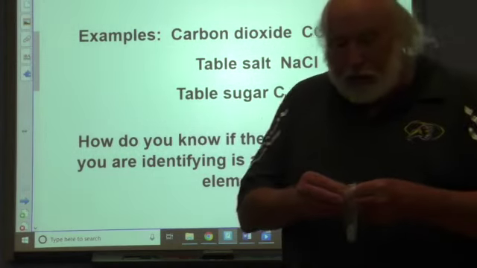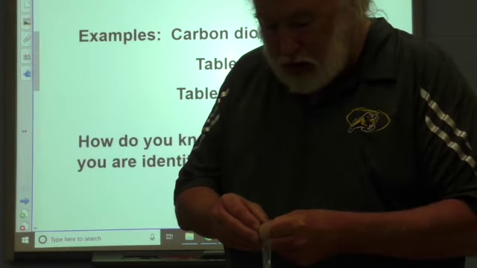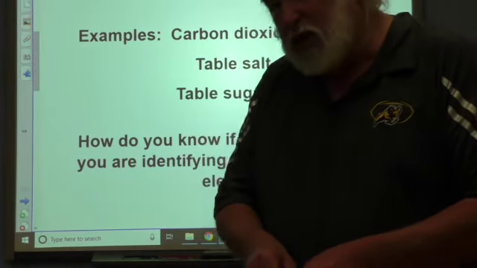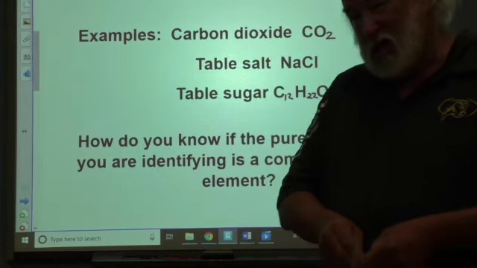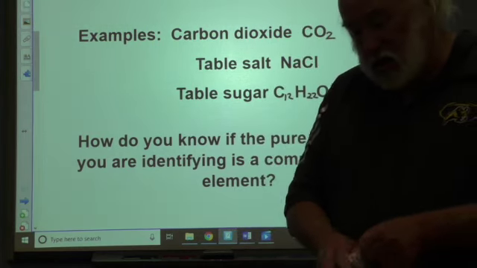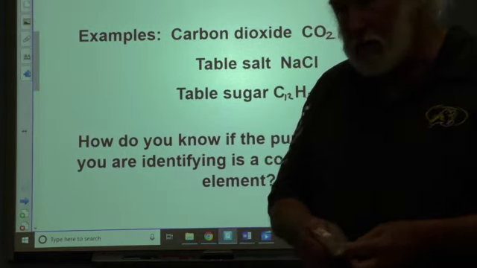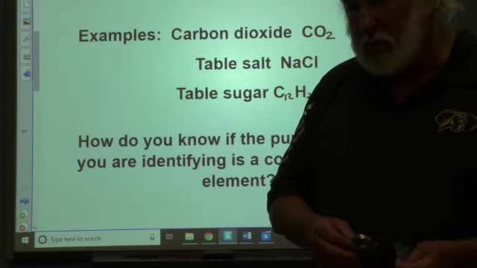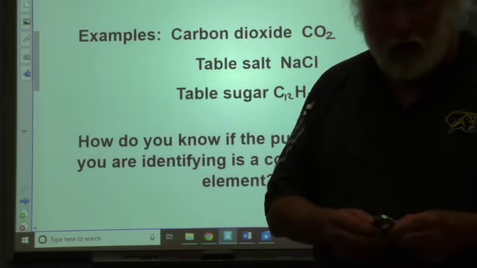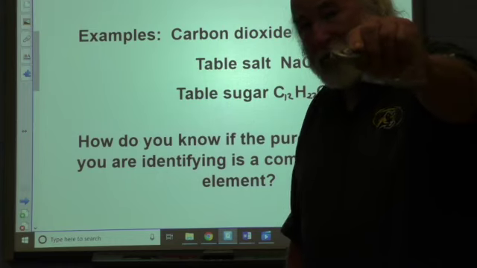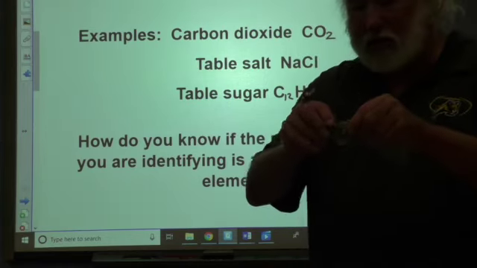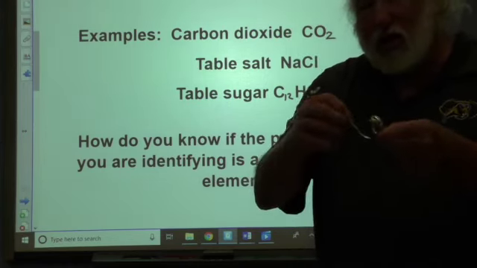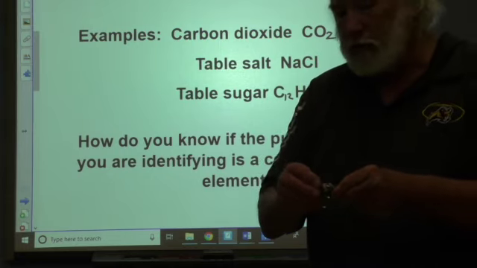In here I have some pure magnesium. Now, magnesium is found in plants, and plants become green because of the presence of magnesium. But this is magnesium that they make sparklers out of. This stuff is very thin and light, the way they manufacture it.